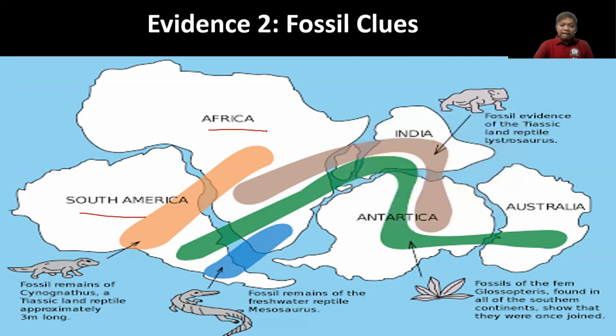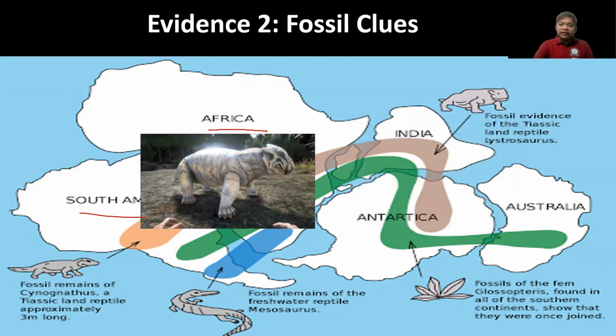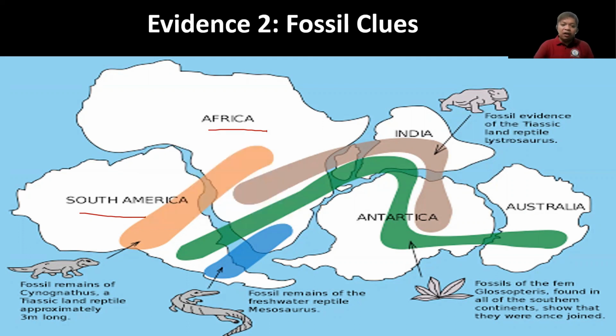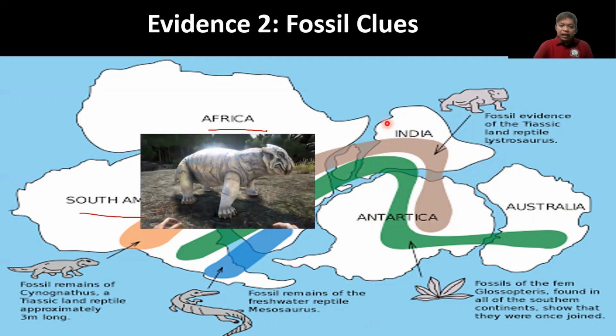Another fossil here is the Lystrosaurus. So Lystrosaurus is another land reptile. And Lystrosaurus was found in the continents of Africa, India, here, India, I'm going to use my pointer, and Antarctica. So another land reptile na makikita sa Africa, India, and Antarctica.